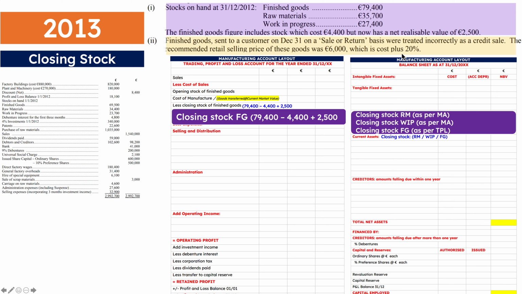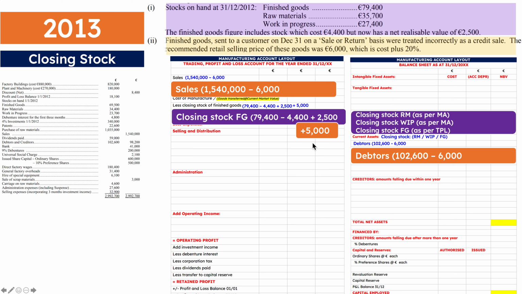So we have to unwind the credit sale. So we add the cost price of 5,000 back to closing stock. That's 6,000 divided by 120 multiplied by 100. And we subtract the selling price from sales, and we subtract the selling price from debtors.